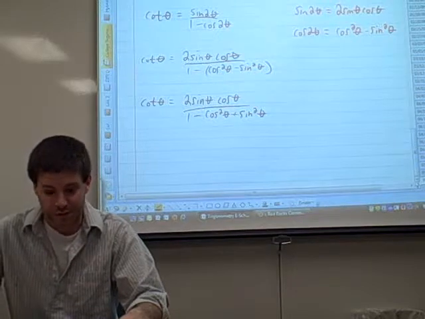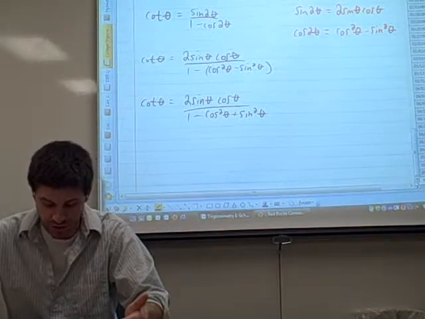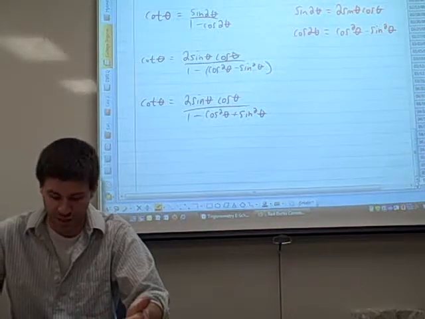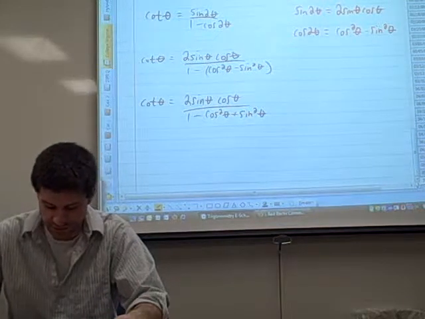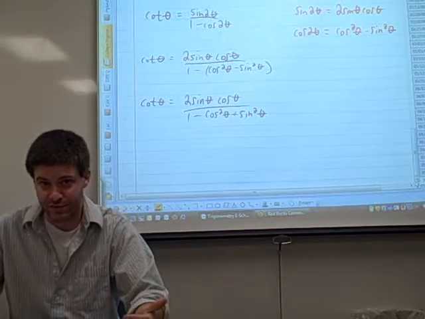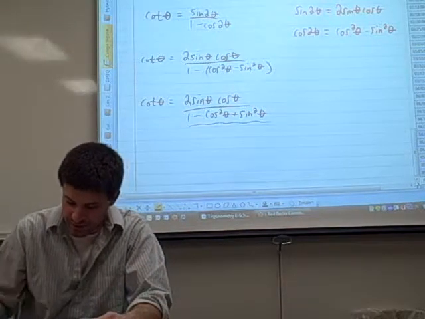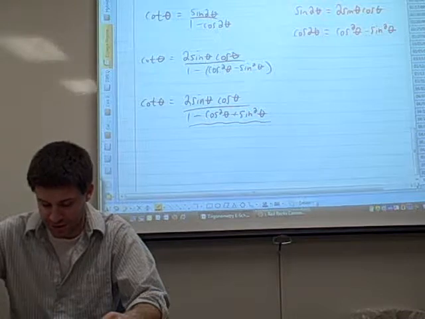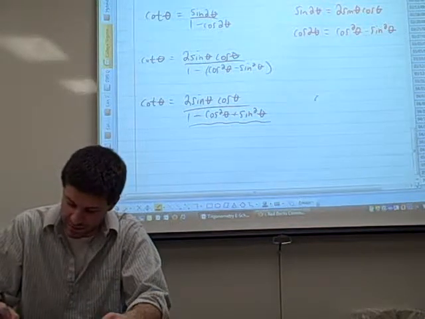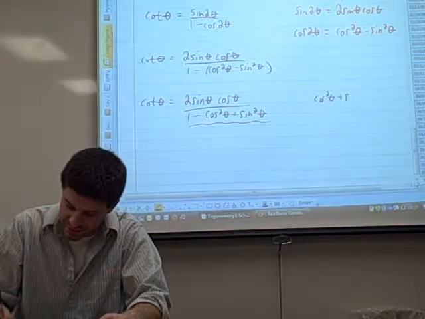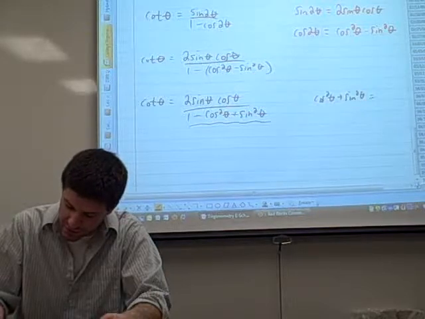Oh, I don't know, but what can we do here? We could go ahead and multiply both sides by that denominator if we wanted to, and hopefully things would simplify. Another option would be to try to substitute the fundamental trig identity, cosine squared theta plus sine squared theta equals 1.